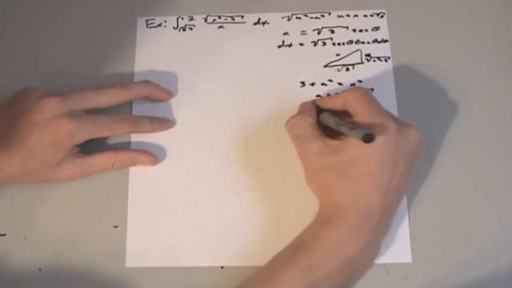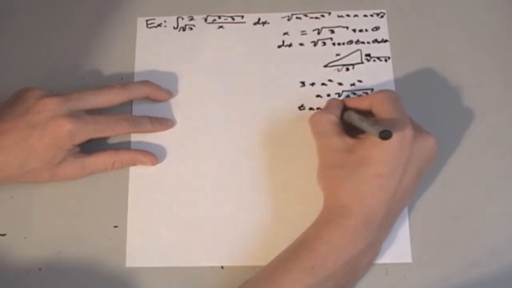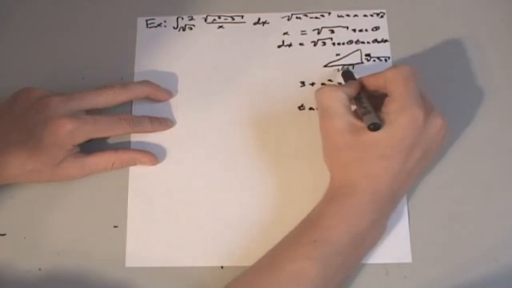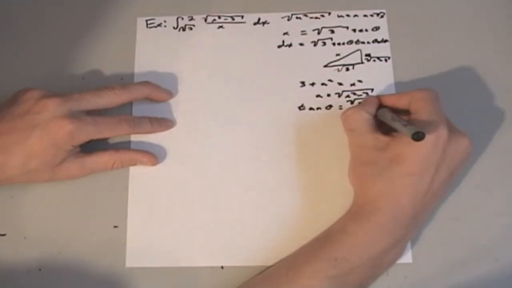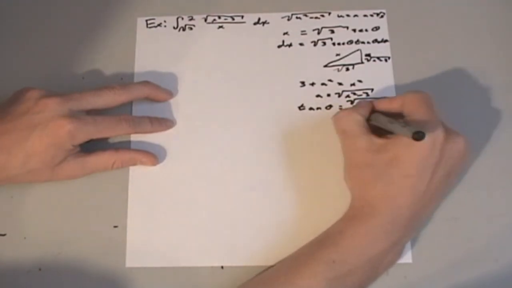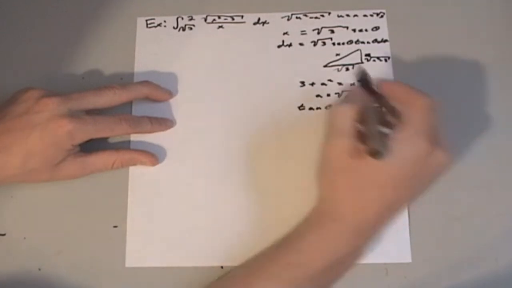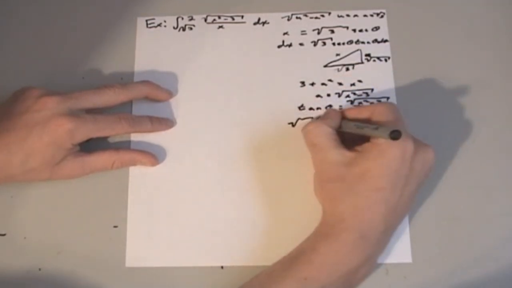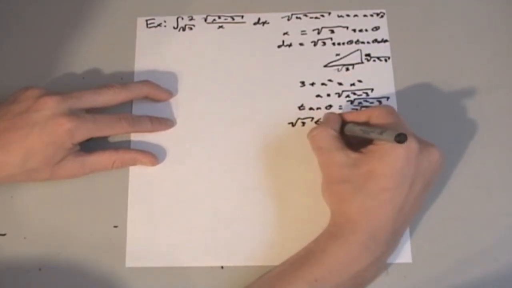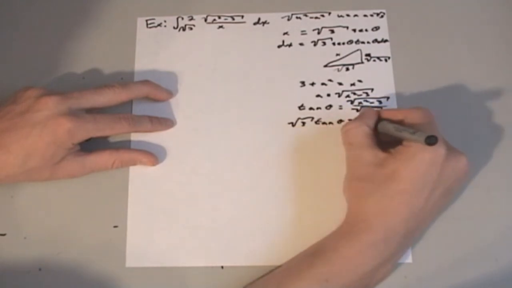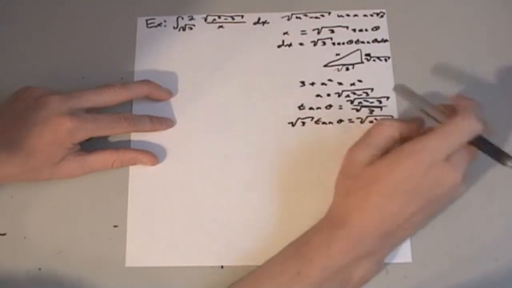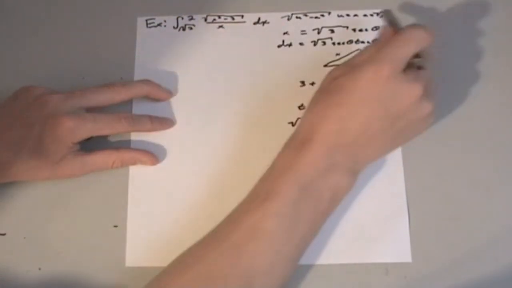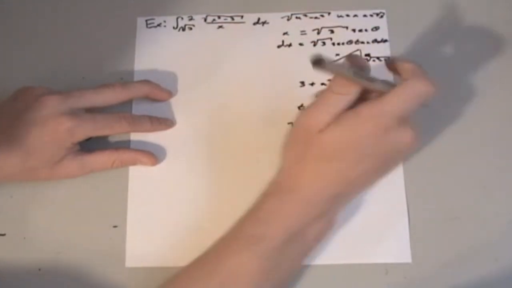So I'm going to do tangent theta, which comes from opposite over adjacent, is equal to square root of x squared minus 3 over square root of 3. If we do some algebra to rearrange that, square root of 3 tan theta is equal to square root of x squared minus 3. We now have values that we can replace all three parts with trig values.